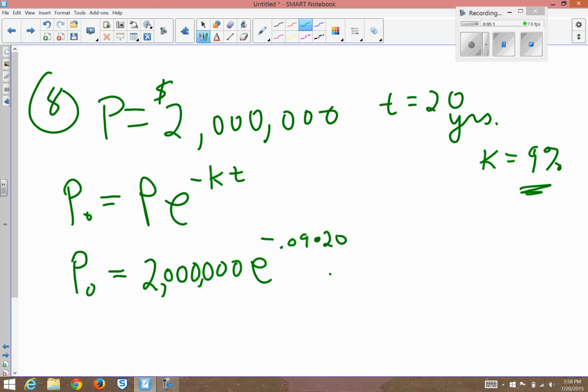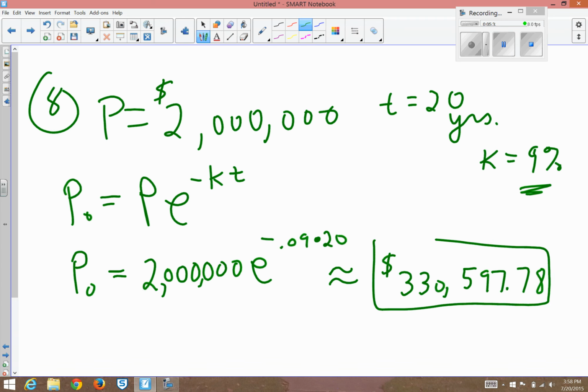So put this in your calculator, 2 million times e raised to the negative 0.09 times 20, and make sure you get $330,597.78. So it's important to make sure you, first of all, know what the formula is, know what numbers go where, and how to get this result by correctly using your calculator.